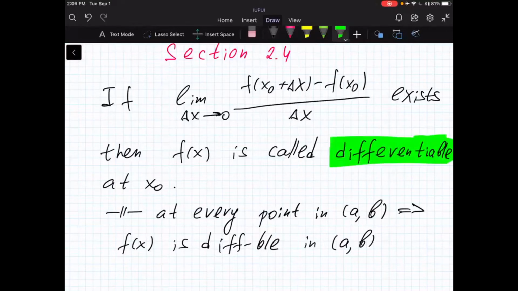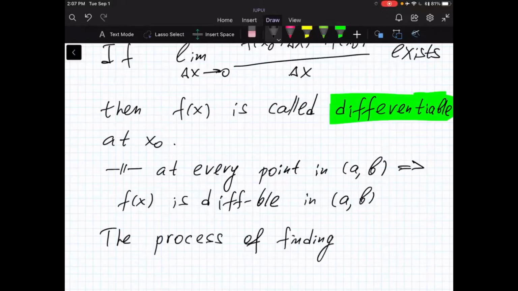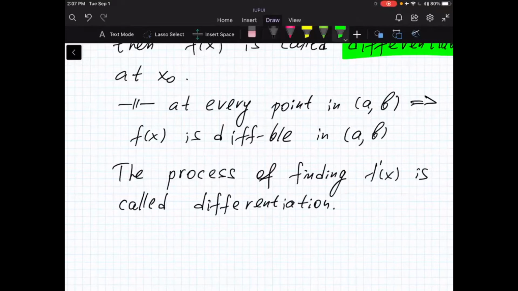And so the process of finding f prime of x is called differentiation. And the rest of the section will do this process.